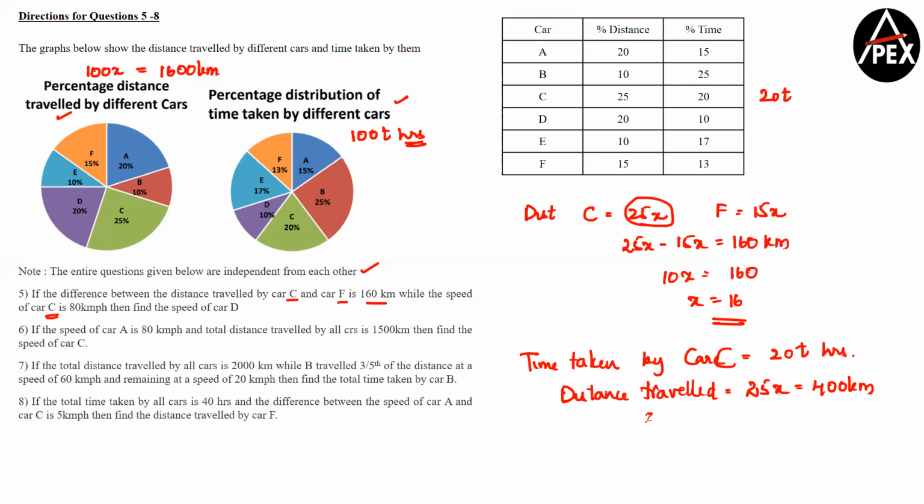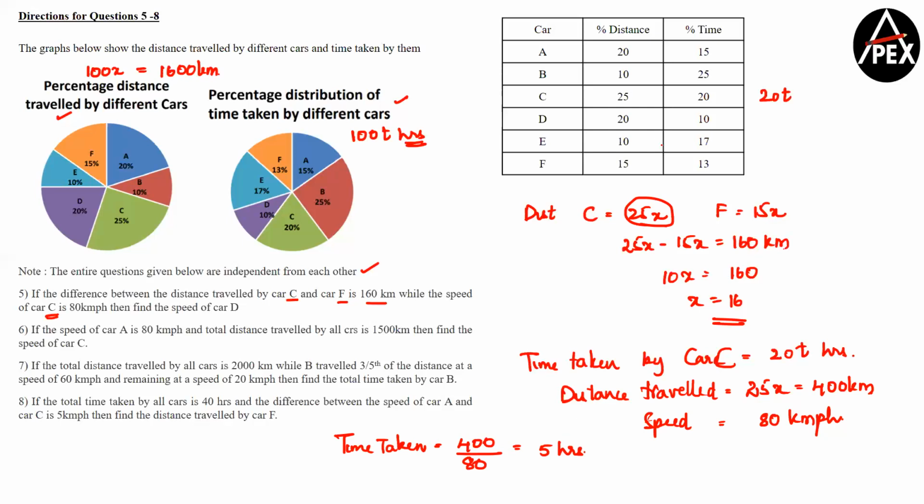Speed of car C is given as 80 kmph. Then the time taken will be equal to distance 400 divided by speed 80, which is 5 hours.